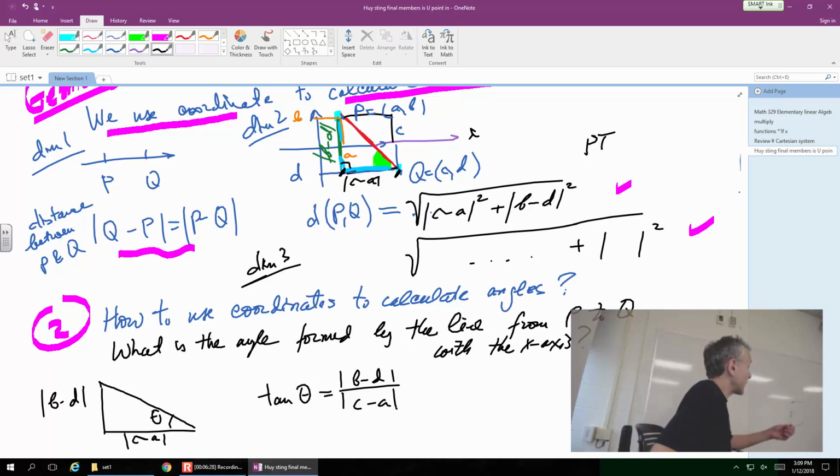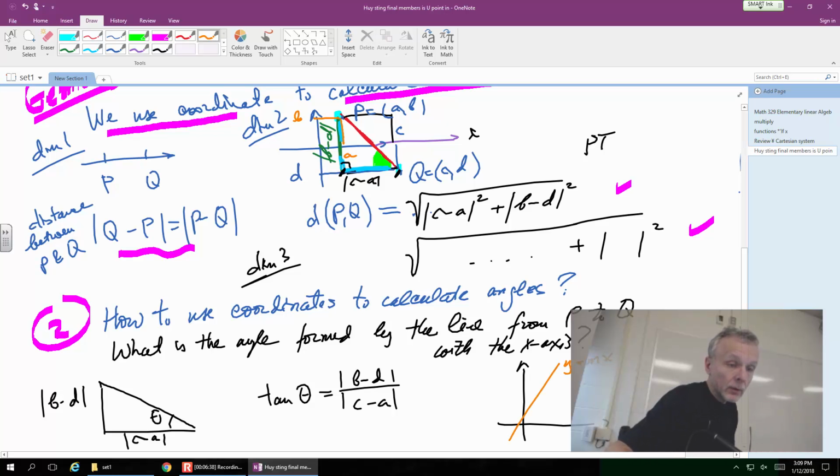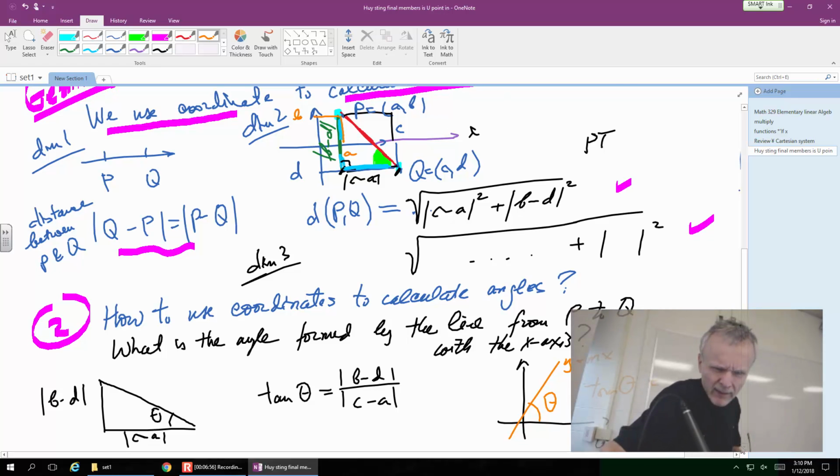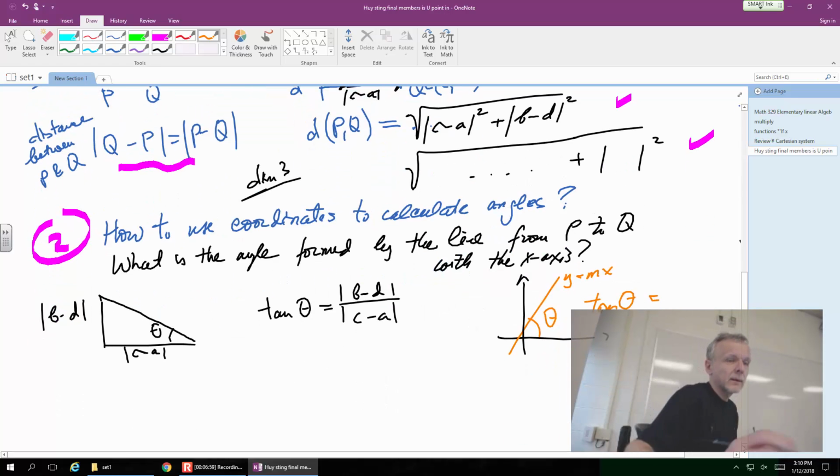But this idea comes from what the tangent is in a more elementary context. If we have our function y equal mx, and suppose this is my theta, y equal mx is our line, and the angle is once again between the line and the x-axis.